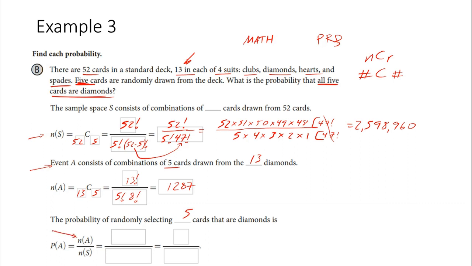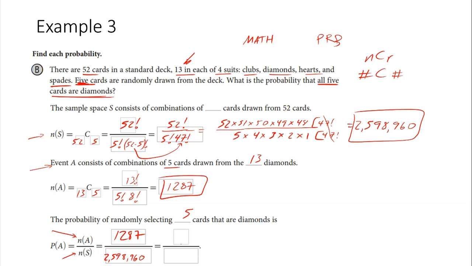The probability of selecting those 5 diamonds is basically the event A, where we draw the diamonds, divided by the total sample space. So we take 1287 and divide it by the 2,598,960.